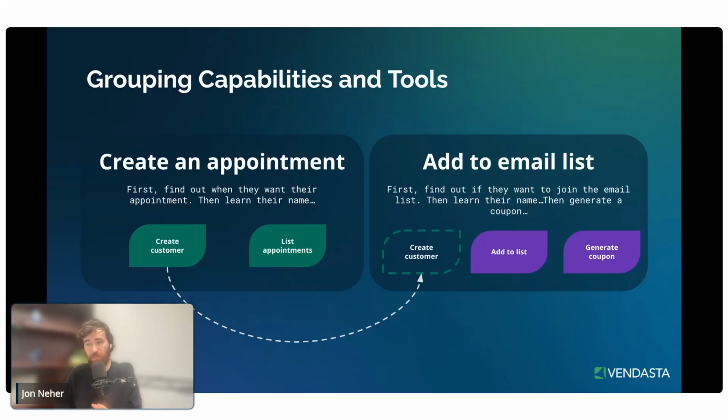Like I said, there are going to be cases where it might make sense to break out that create customer tool into its own separate thing, but it's going to be harder to manage. And there are so many use cases where you can get by with having these tools in multiple places. So let's aim for simplicity and start there before we get to things that are super, super complex.